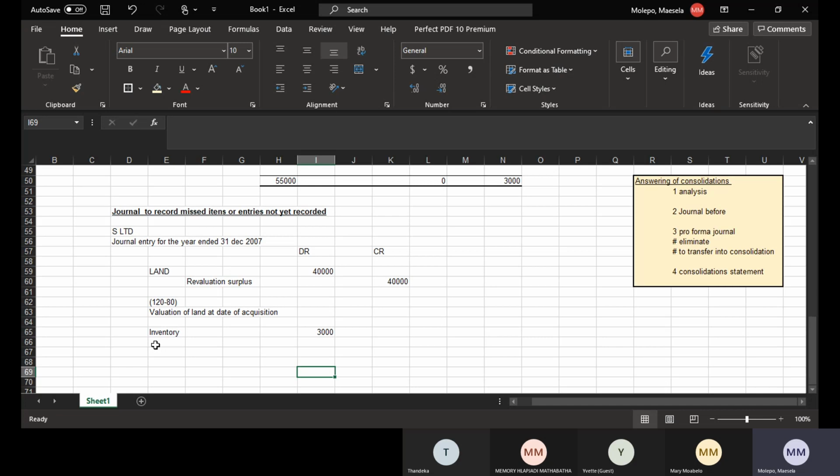So whatever inventory that S buys from me as P, instead of S giving me cash, I'm going to use that 3,000 to increase his current account in my books. I don't know if I'm understandable there.